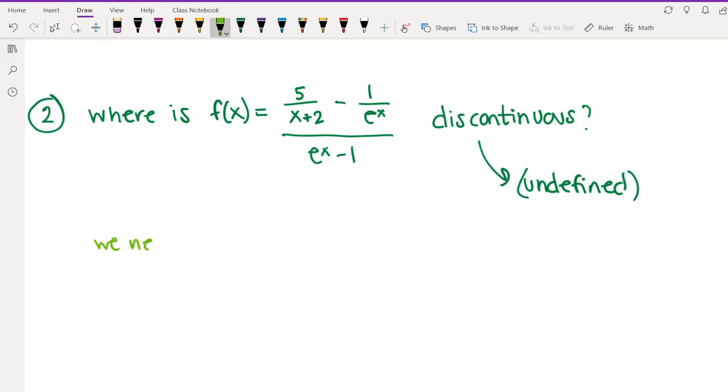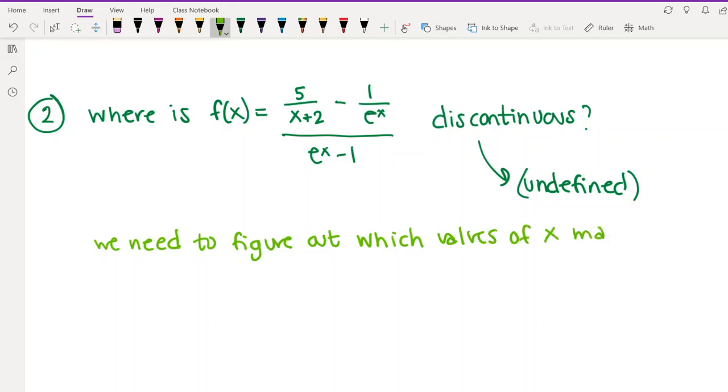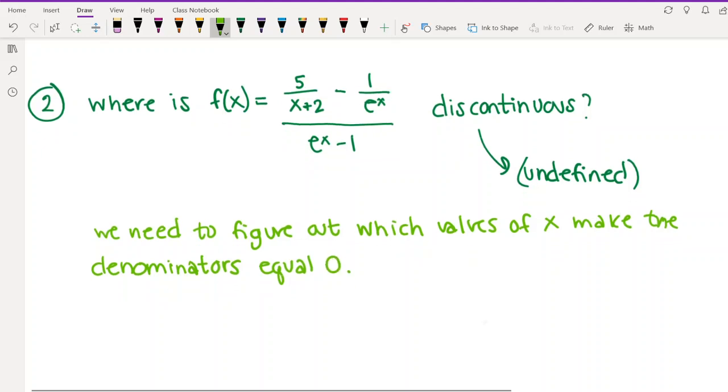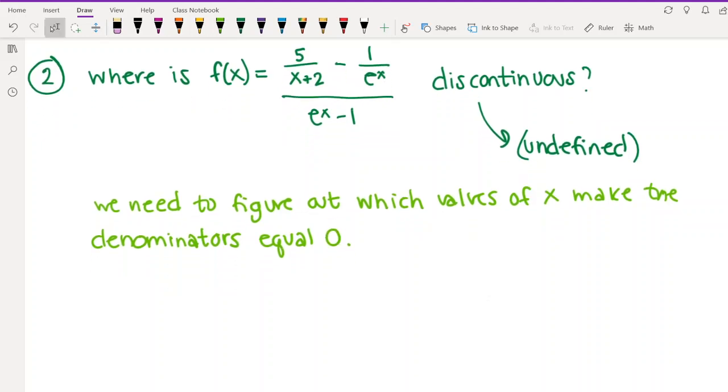So we need to figure out which values of x make the denominators, and I'm using a plural here because this is a function with multiple denominators going on, equal 0. We need to figure out which values would make that happen. So we have 3 different denominators, right? We have this denominator, and this denominator.